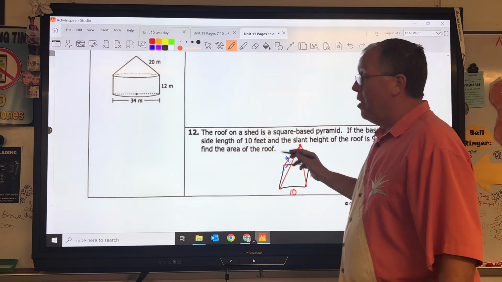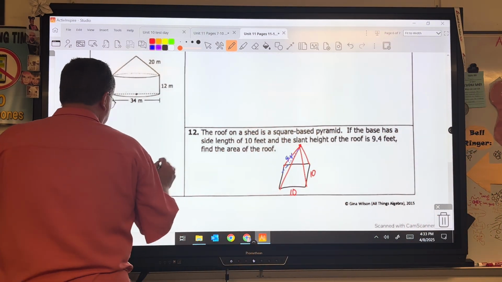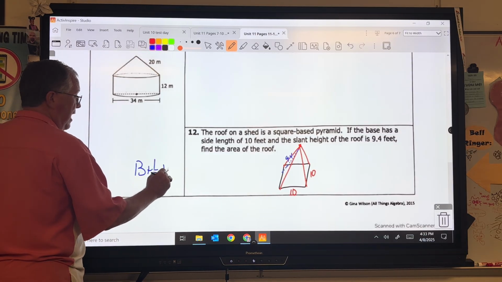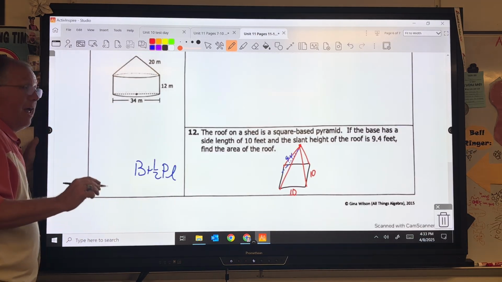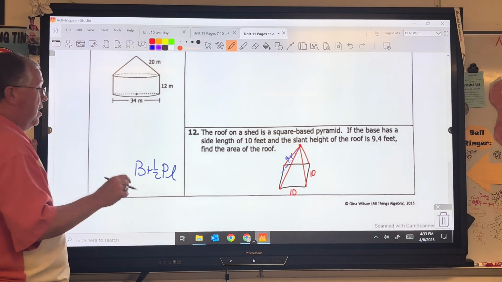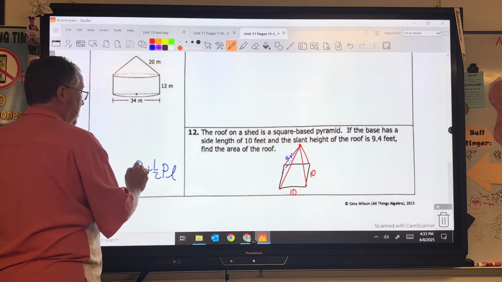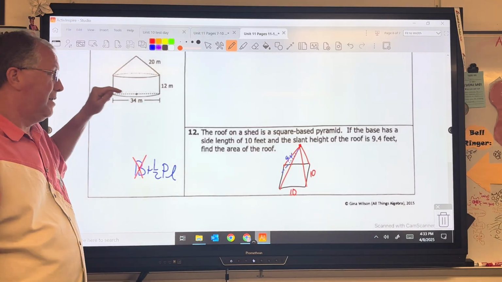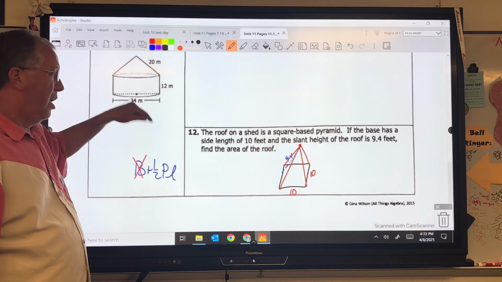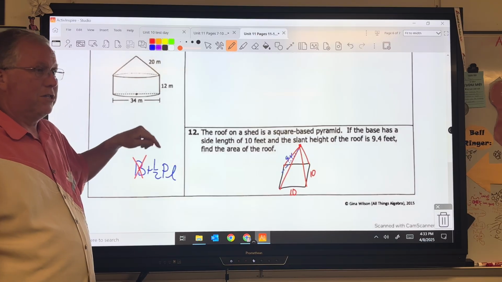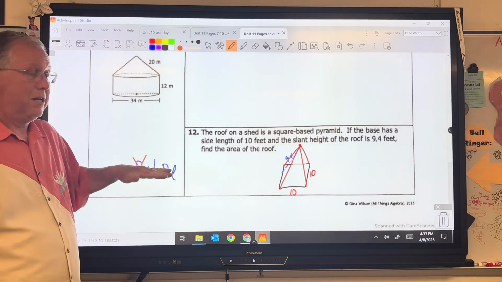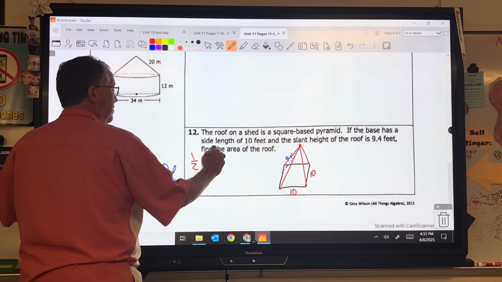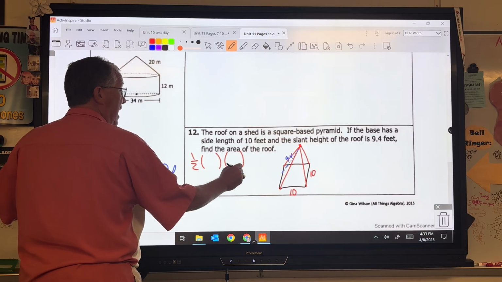Now, remember our pyramid formula: B plus 1/2 PL. However, I don't care about the base. I'm only doing the slant height, because that's the only thing that goes in the area of the roof; the bottom of it sits on the house. So I'm going to go 1/2 times the perimeter times the slant height.